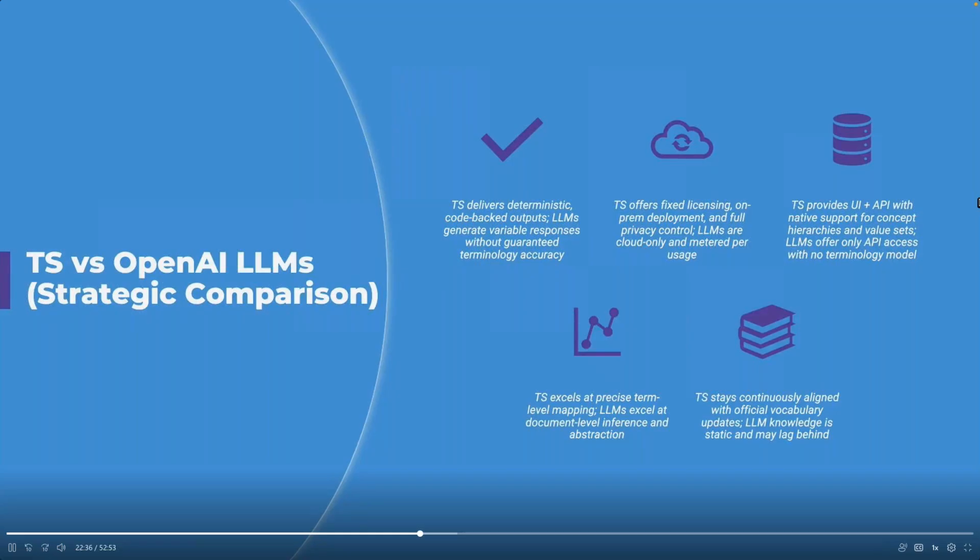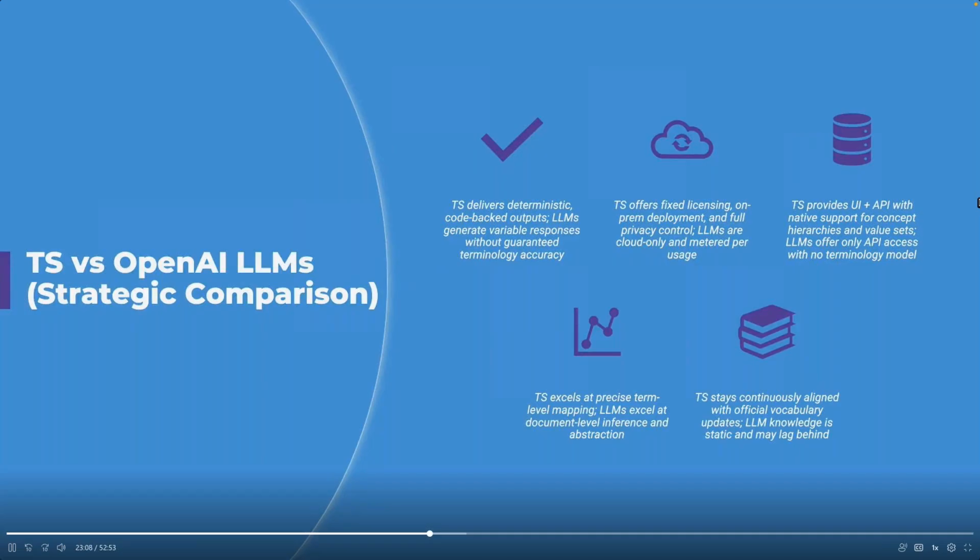It gives users a graphical interface to browse, inspect mappings, and filter. LLMs do not natively understand code systems or hierarchies. They only respond to free-text instructions. Any terminology control must be manually enforced, either via prompt engineering or by connecting it to an external system, which can be a hassle sometimes.